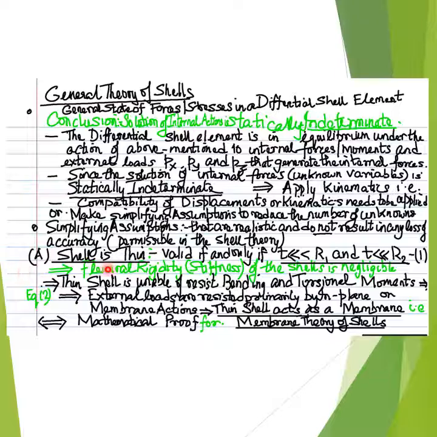In other words, assumption A that idealizes the shell to be a thin shell is valid if and only if the thickness T of the shell is negligible in comparison to either of the two radii of curvature R1 and R2, as represented mathematically by equation number 1.